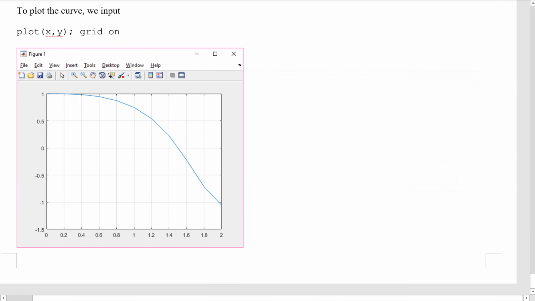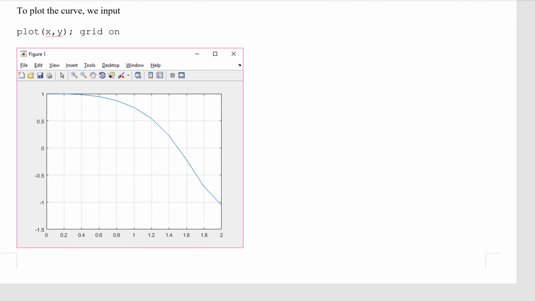And that's it for today. So chapter 12, we only cover section 12.1 and section 12.2. That is the Euler's method and the Runge-Kutta method. So those methods help us to solve ordinary differential equations, first order ordinary differential equations.